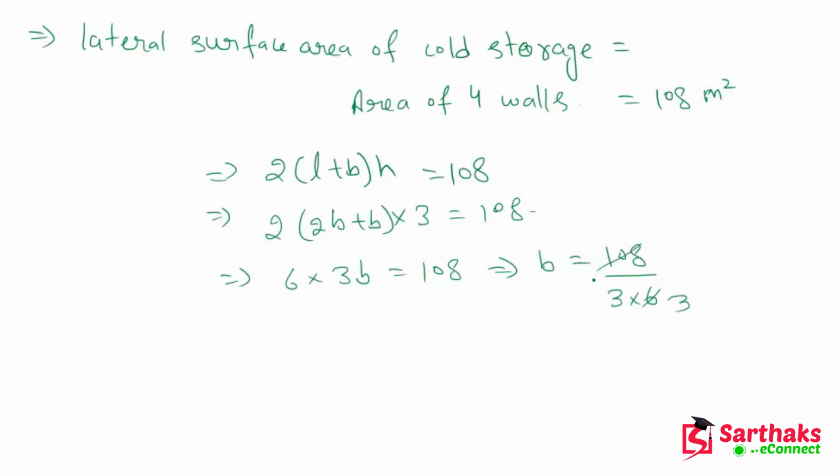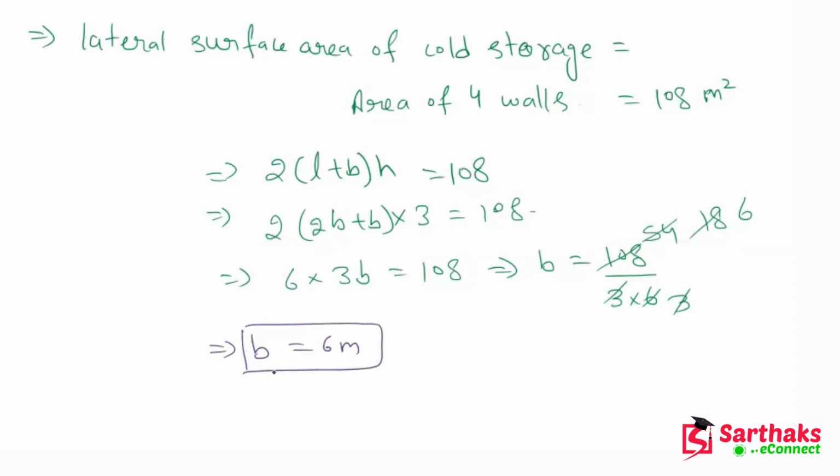If we cancel 108 by 2, it goes 54 times. Then we cancel again by 3, 6 times. So from this, we get B is equal to 6 meter.